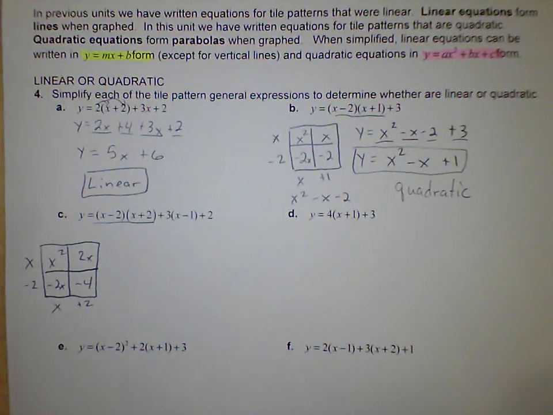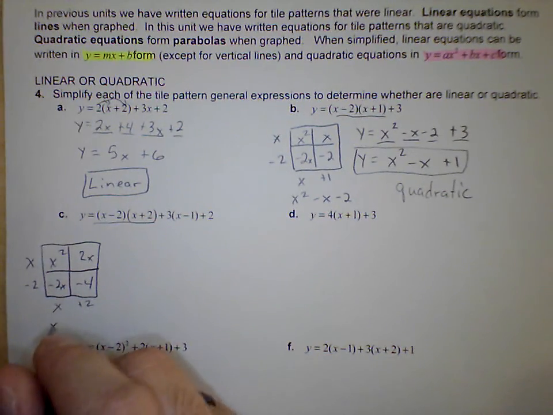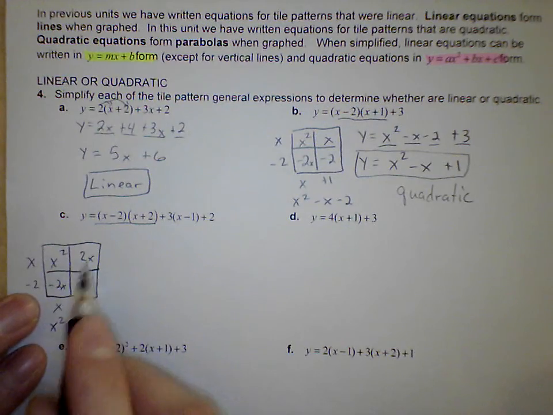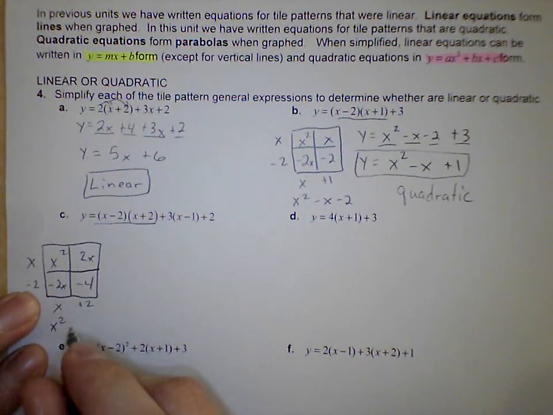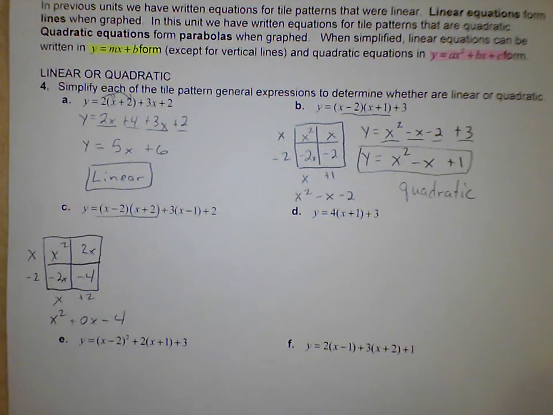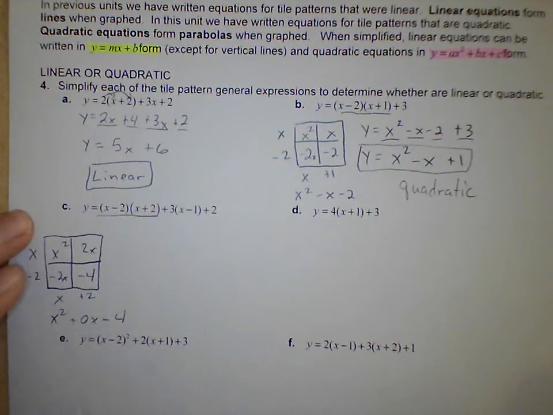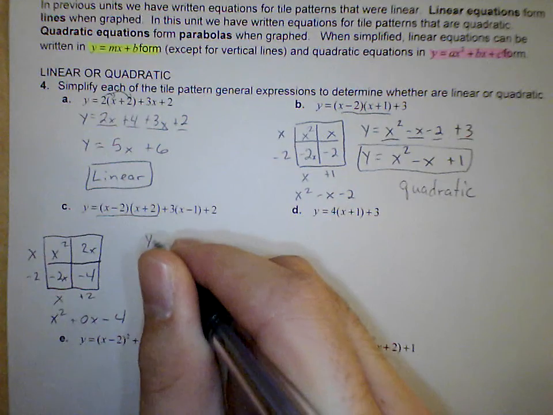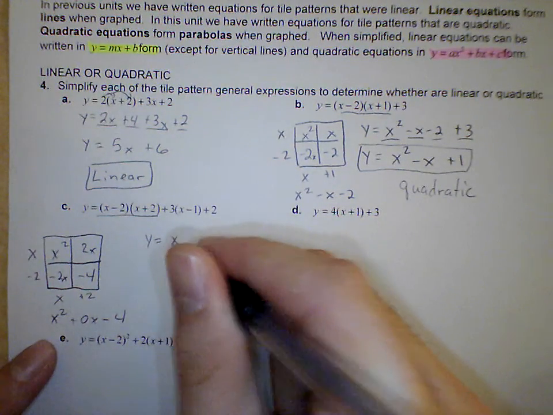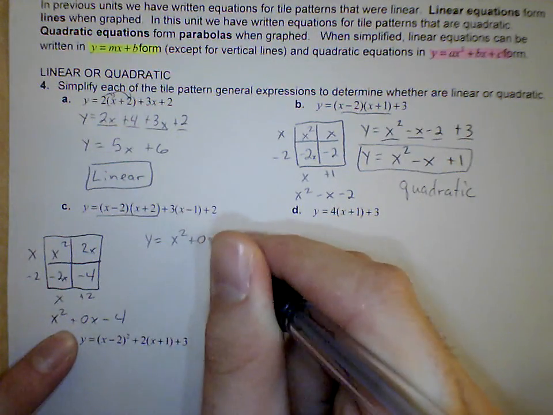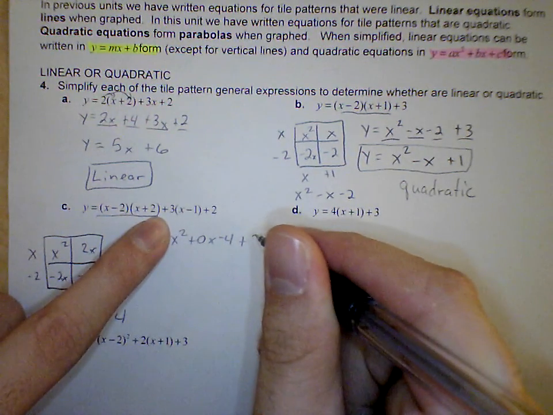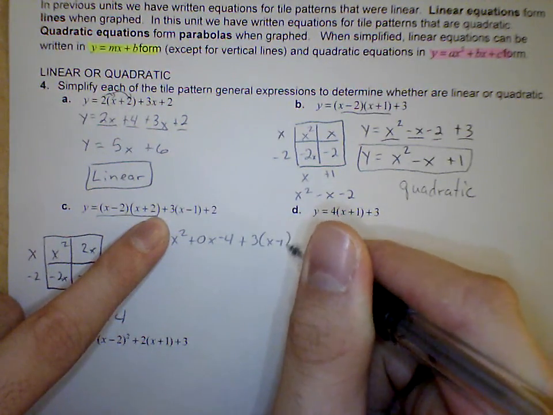So then my area as a sum would turn into x squared. We've got 2x minus 2x, so 2x and minus 2x are going to cancel out. So plus 0x minus 4. So then C is going to turn into y equals x squared plus 0x minus 4, and then plus 3 times x minus 1 plus 2.